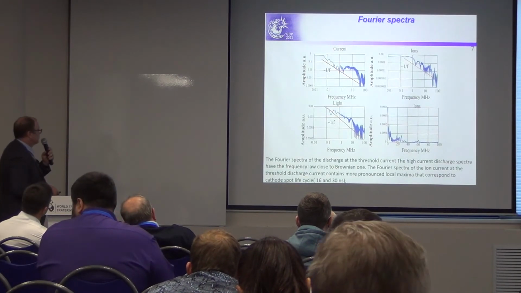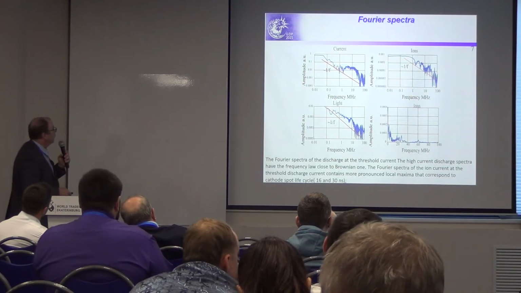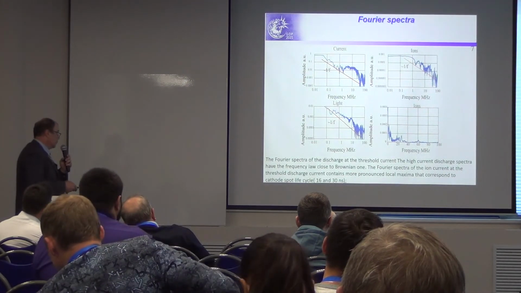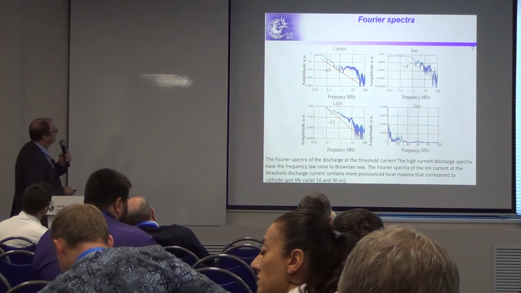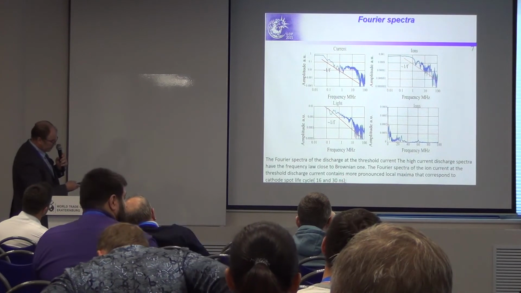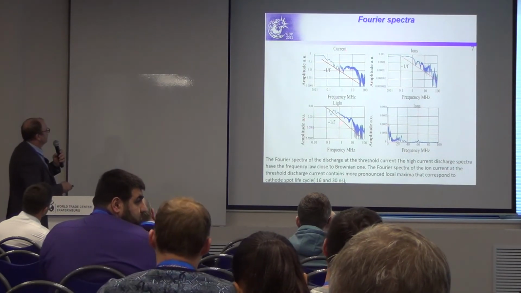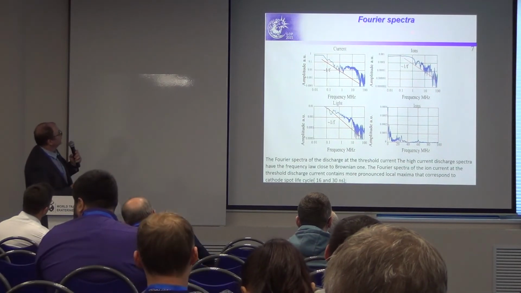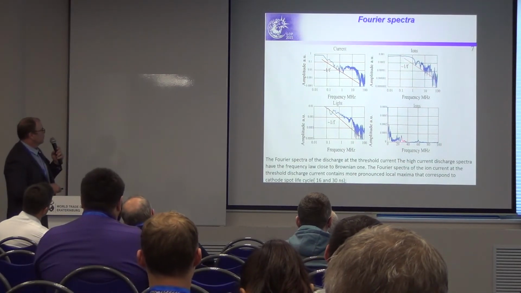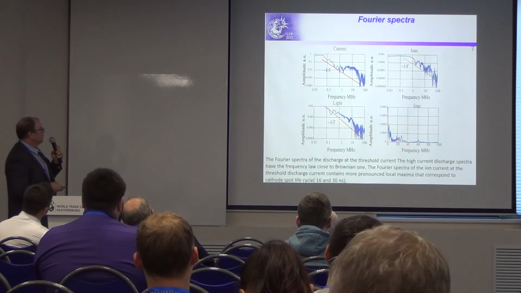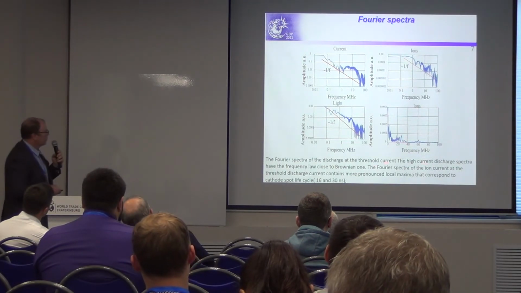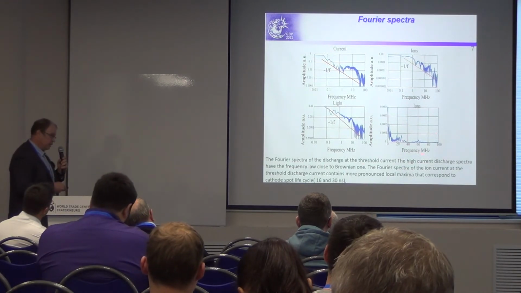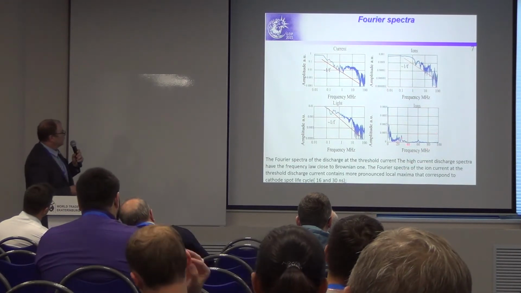And here is a Fourier spectrum of parameters of the vacuum arc: the current, ions, light. In the ion Fourier spectrum, there are some significant local peaks in the region of several nanoseconds and tens of megahertz.